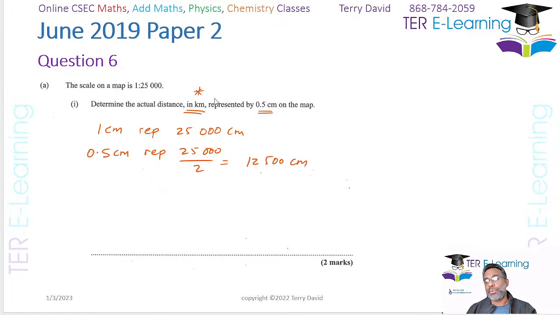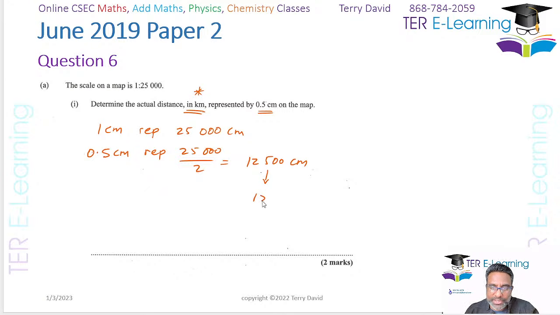Now, some students learn off conversion factors. You can if you want, but I tend to work a little smarter than harder. If I want to convert cm into meters, all I'm going to do is divide by 100.